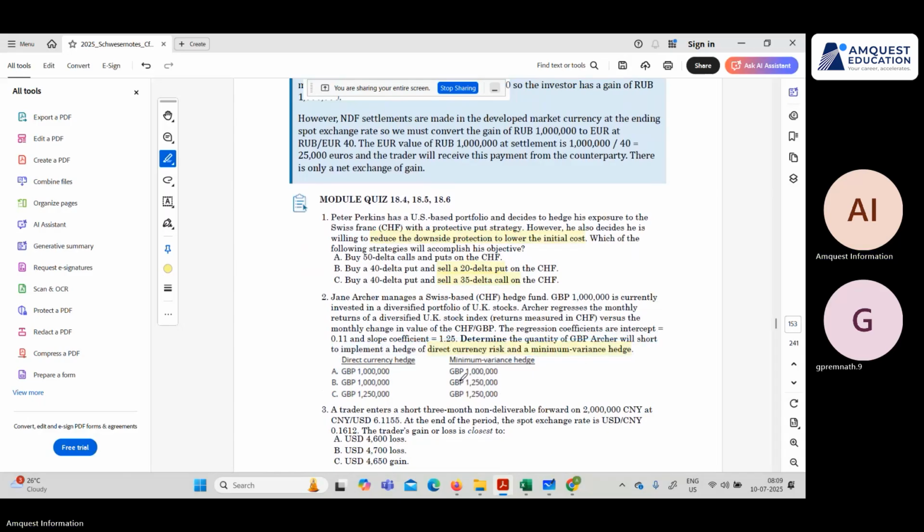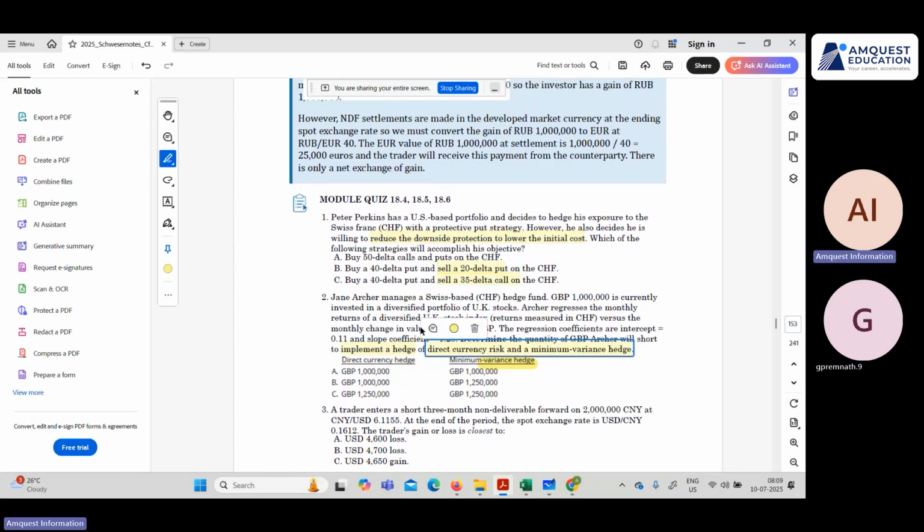Okay. So when the coefficient is 1.25, the question is now, should we go for GBP this? Should I go direct? Okay, let's look at this. How about direct versus minimum variance hedge? In the direct hedge, should you be using the coefficient here at all?